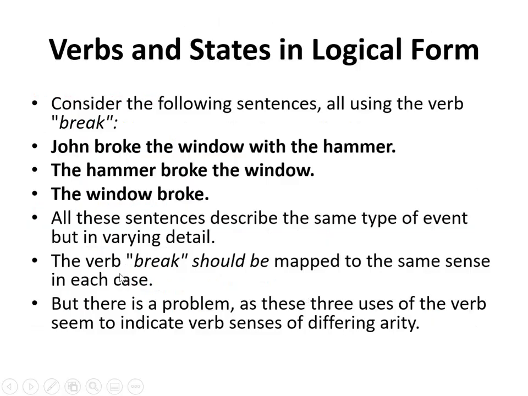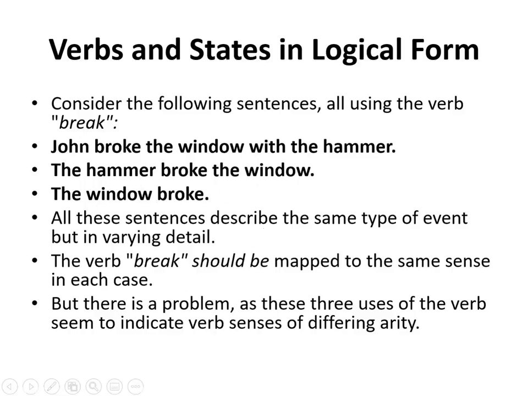This we have discussed. Now let's discuss verbs and states in logical form. Consider the following sentence: John broke the window with the hammer. We have three sentences with the verb break in different forms: first, John broke the window with the hammer; then the hammer broke the window; and the window broke.